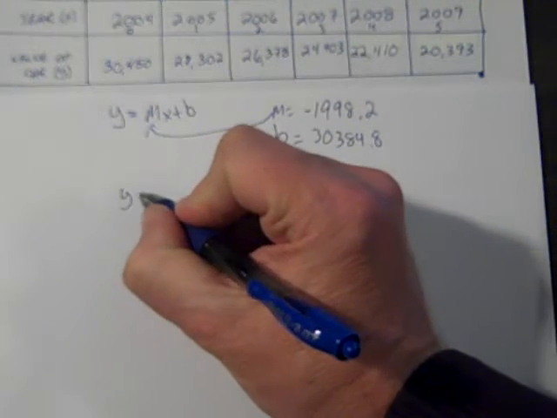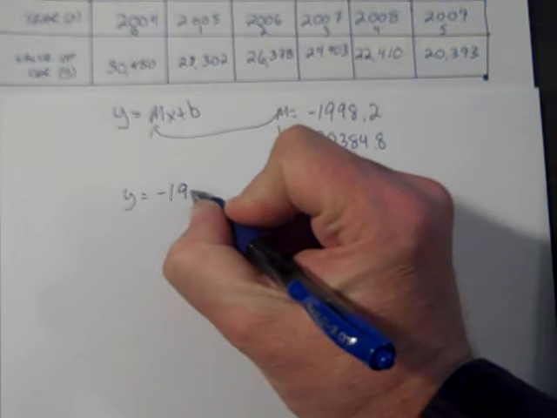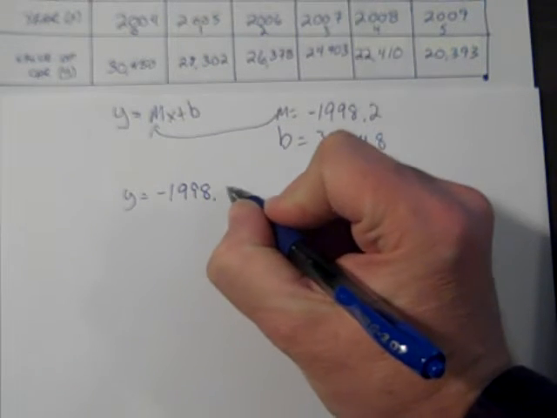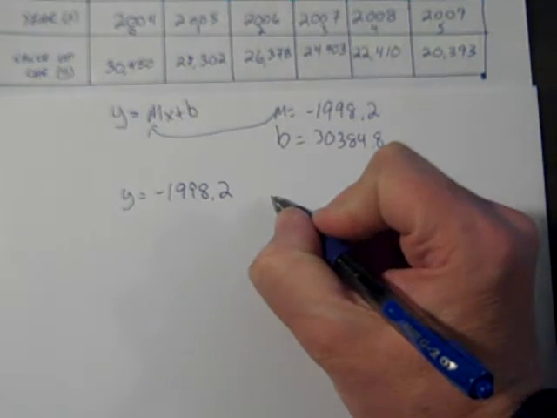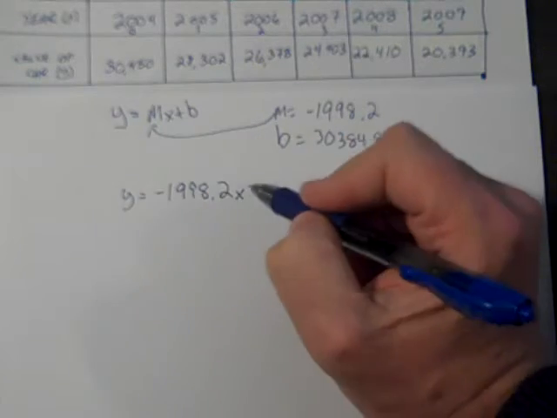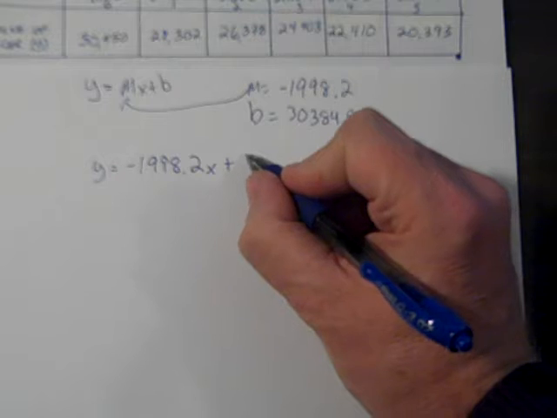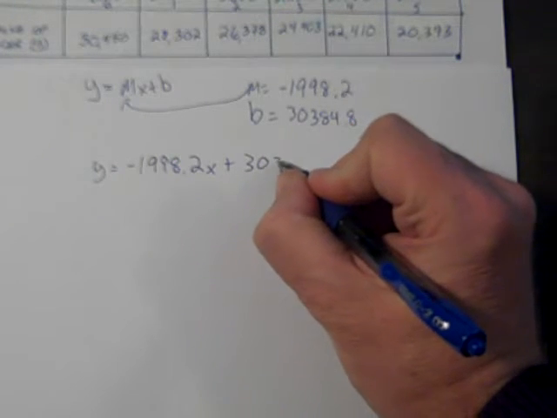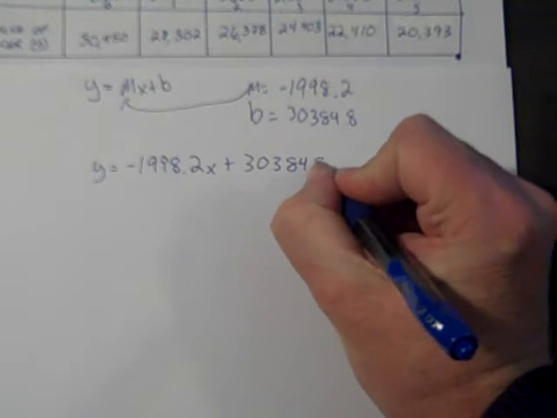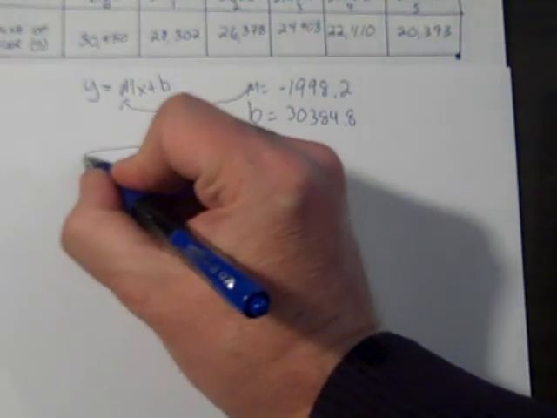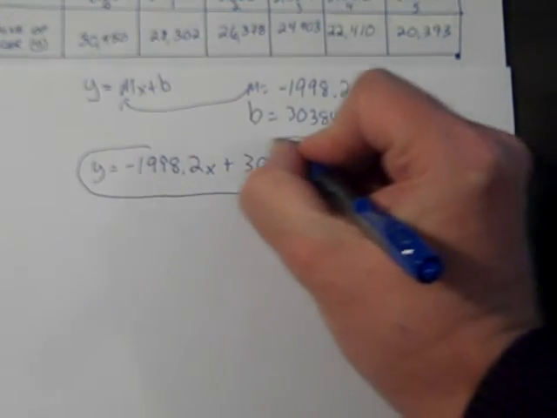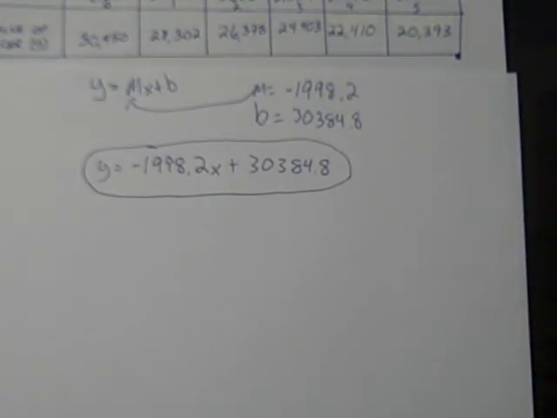So I go y equals negative 1998.2x, bring my x still down, plus my b in this case is 30,384.8. And this here is my linear regression equation.